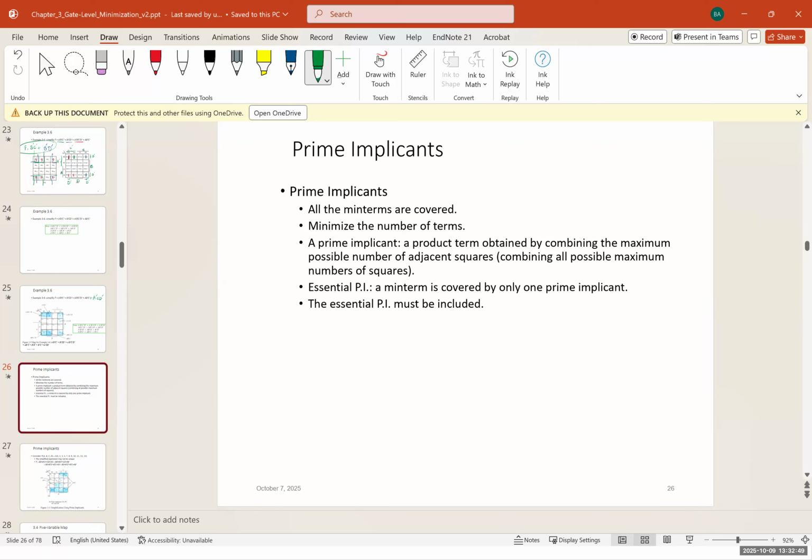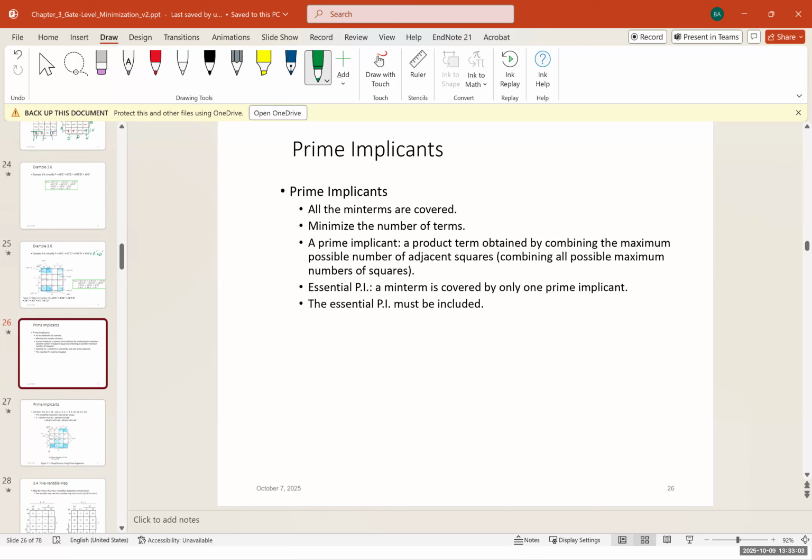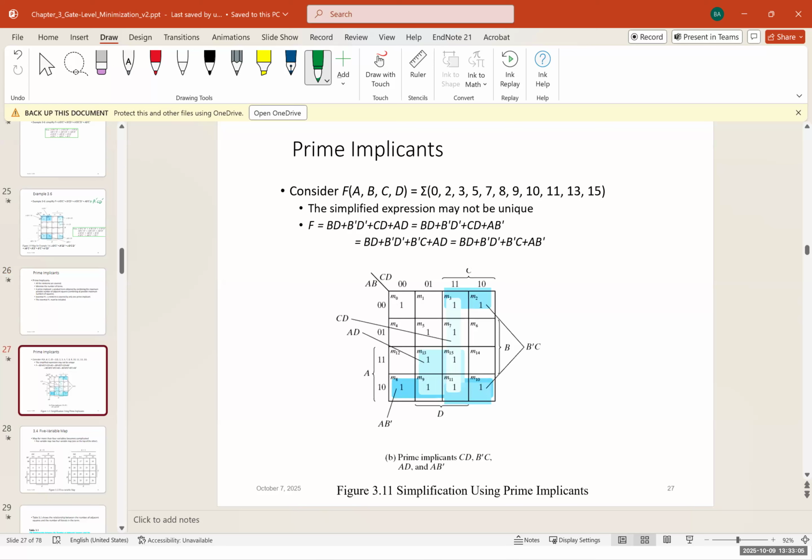And the essential prime implicant is a min term that is covered by only one prime implicant. The essential prime implicant must be included, and I will explain more about that.